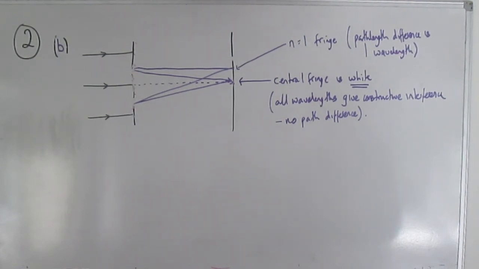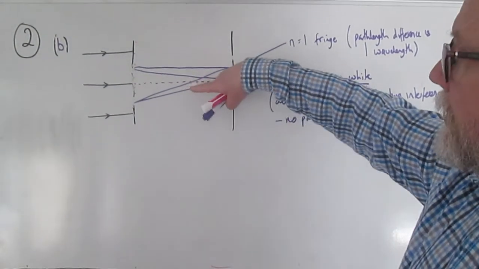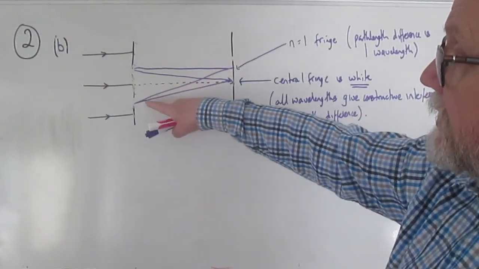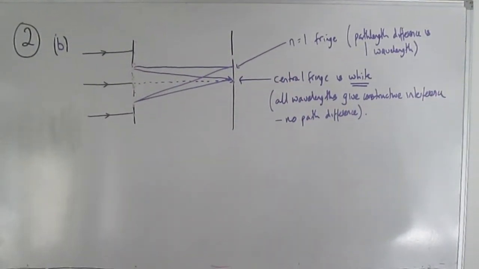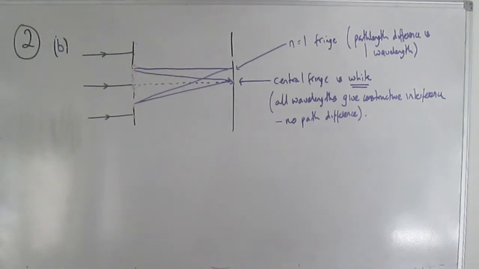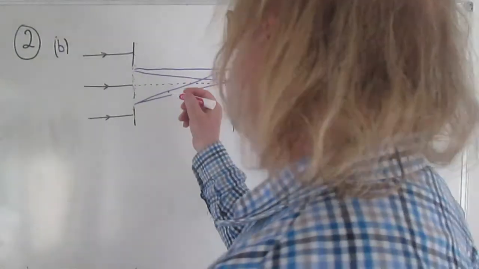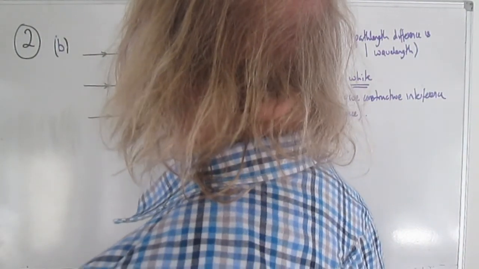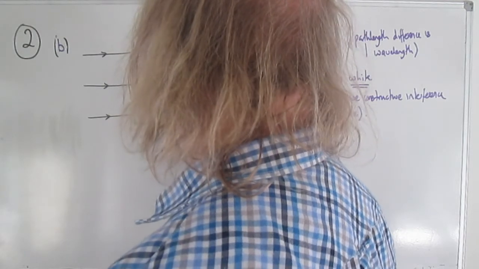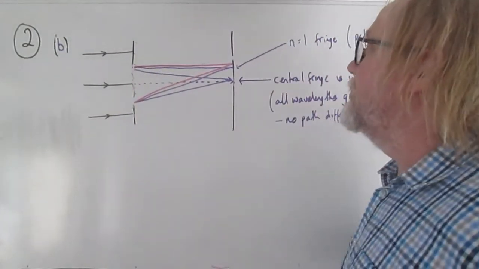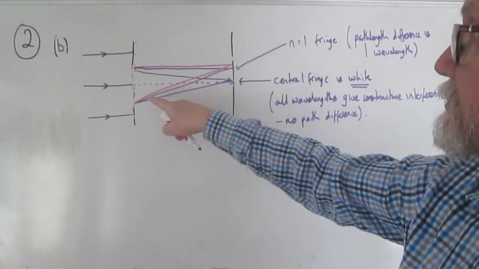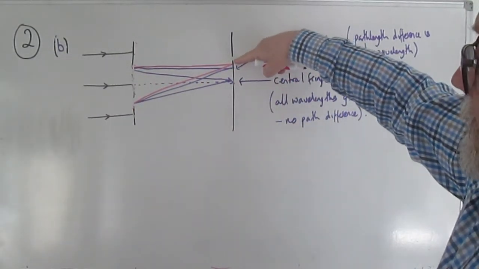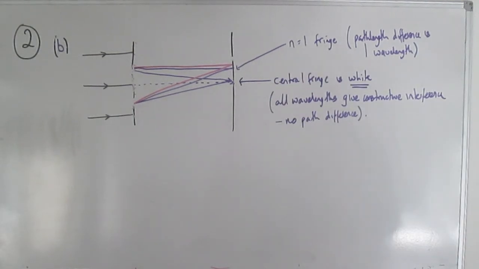What it means is that we need a bigger difference between the path length of this one and this one to correspond to the bigger wavelength, and that's going to mean basically that the fringe gets to go further out. So you would get this kind of thing, where in order to get a bigger path length difference, the fringe ends up being further away from the central one.